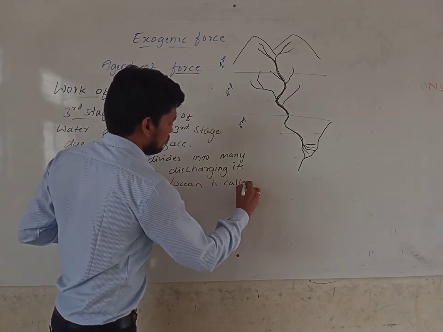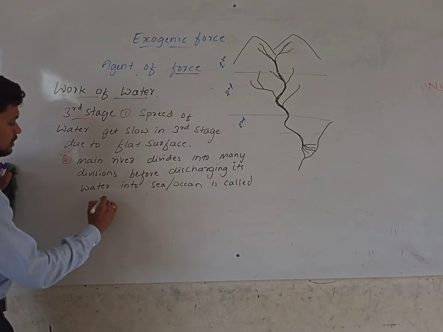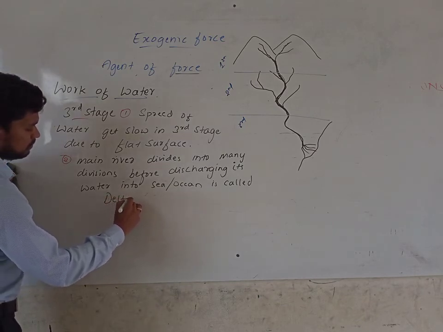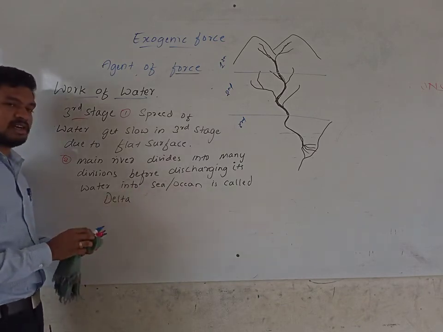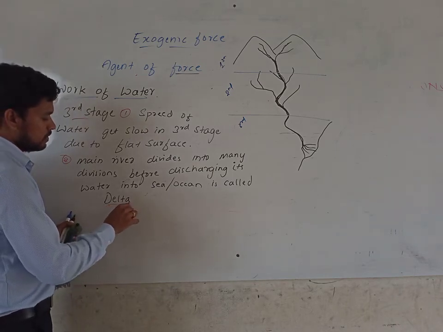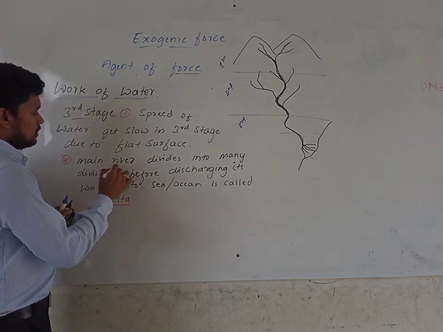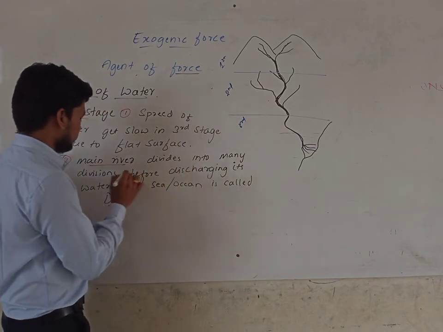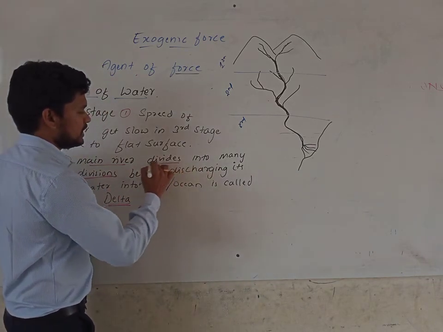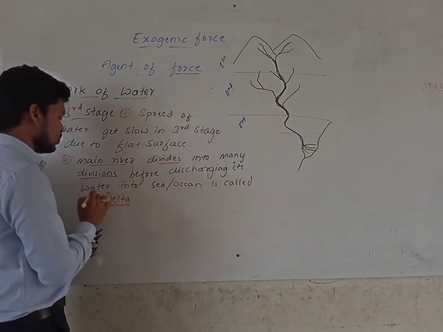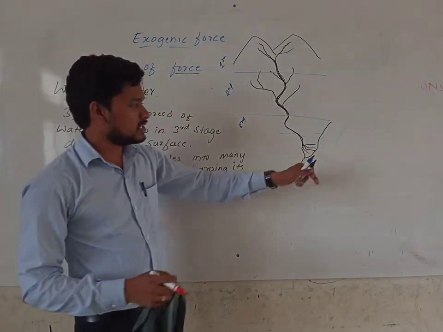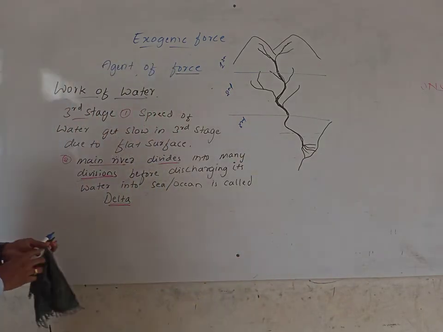This is called a delta. This delta is also called the river mouth. The main river divides into many divisions before discharging water into the sea. So here it's called the delta.